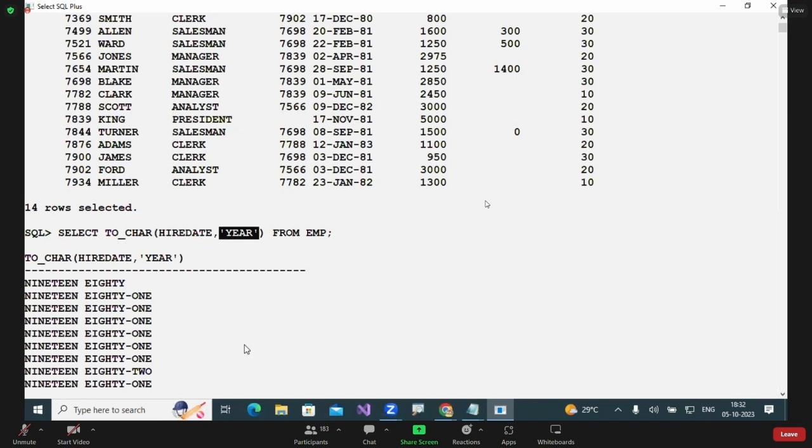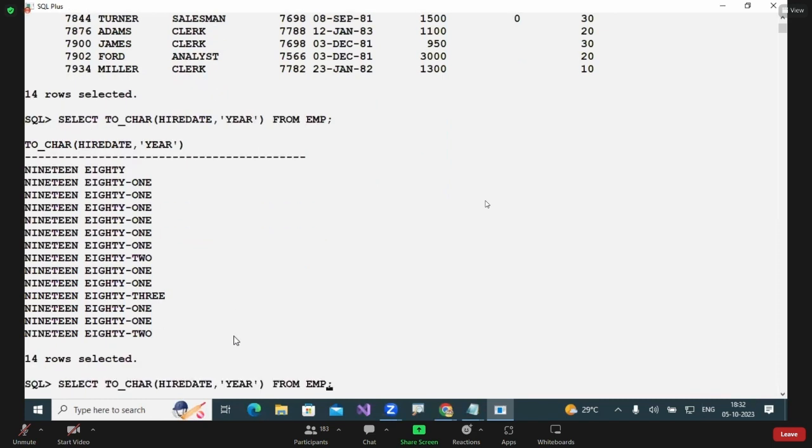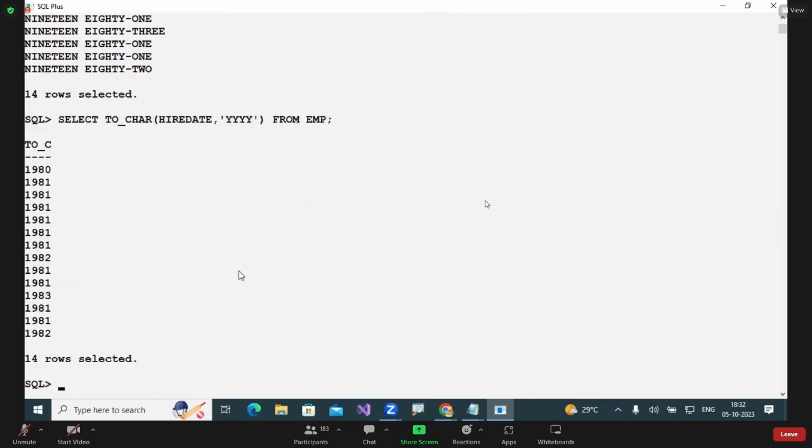Suppose in the same 4-digit format you want it, you can use YYYY. Then you can see all are 1980s: 80, 81, 81, 82, etc. So you don't have any confusion. Those are 19s only, not 18s.